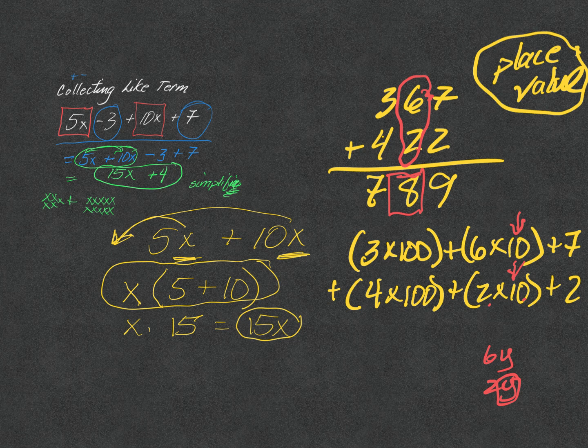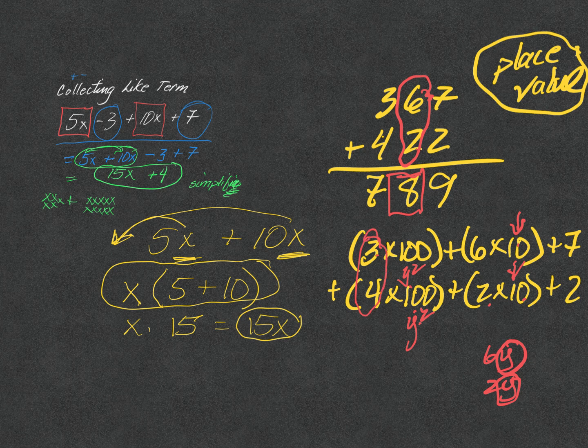Just imagine if our symbol for 10 was like a variable, like y, and we understood y as a symbol to be the number 10. Then 100 would be y squared, 10 times 10. So these are both the y squared terms. So we have 3y squared plus 4y squared. So by distributive property, we can add their coefficients.